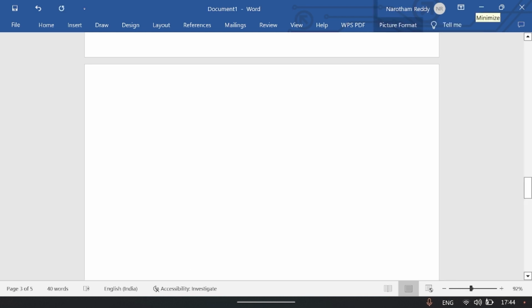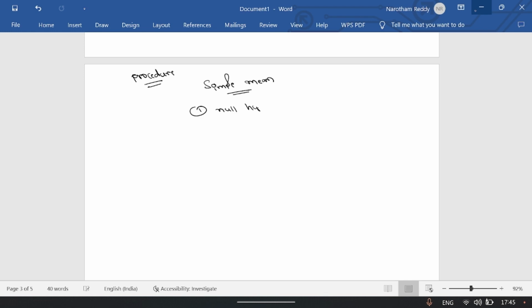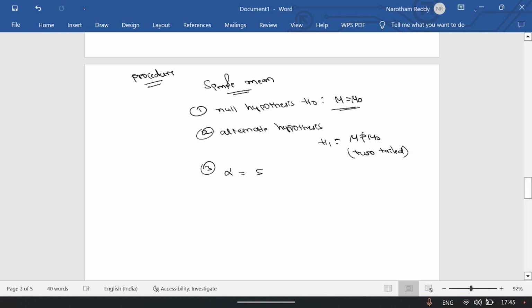While coming to the procedure of simple mean, step 1, null hypothesis, where mu equals mu naught, and step 2, alternate hypothesis, where mu not equal to mu naught, which is 2 tail, and alpha value as 5%, because in the question the level of significance is not given.